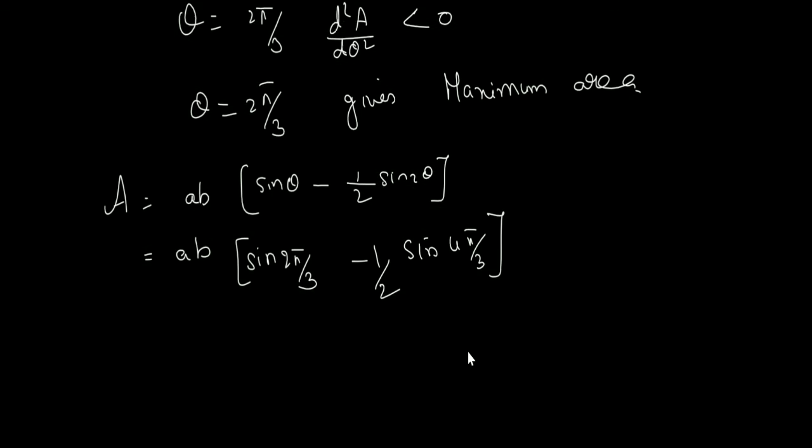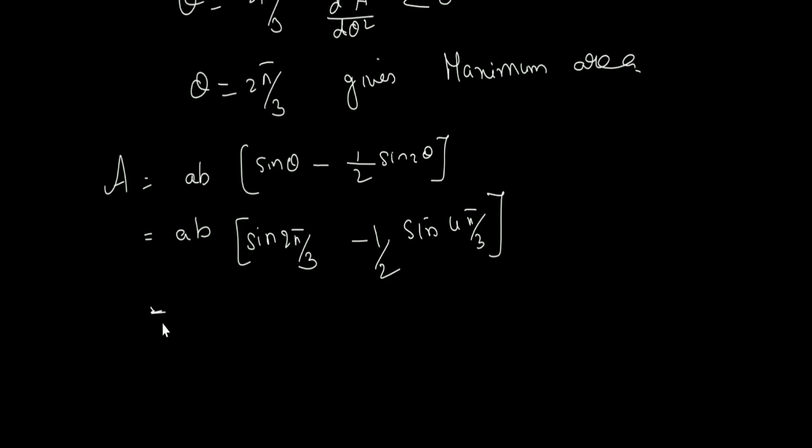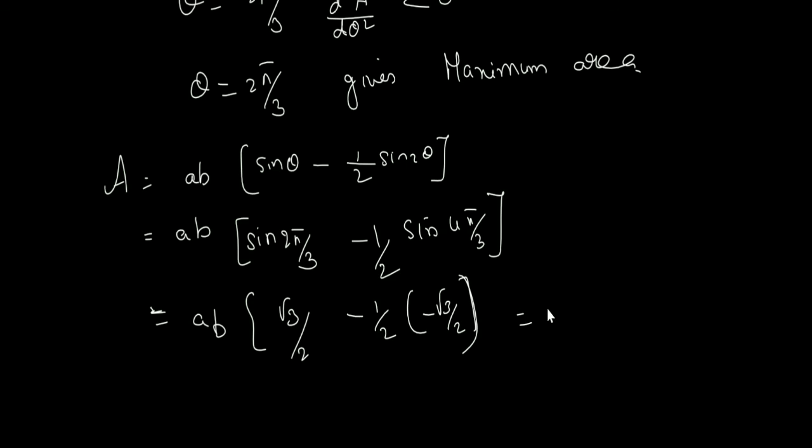Sin 2 pi by 3, just now we found, is root 3 by 2, since sine is positive in the second quadrant. Minus half sin 4 pi by 3 is plus root 3 by 4. So it is equal to AB times (root 3 by 2 plus root 3 by 4).